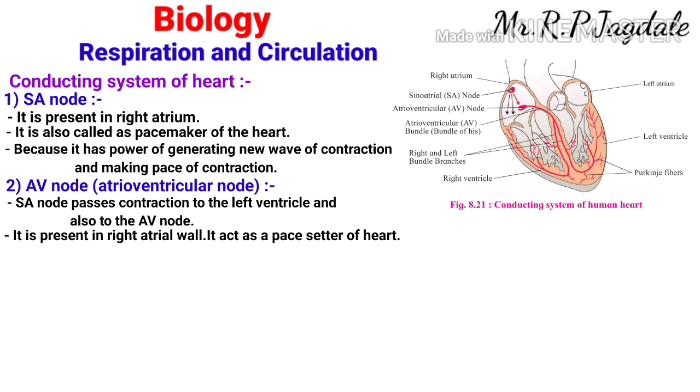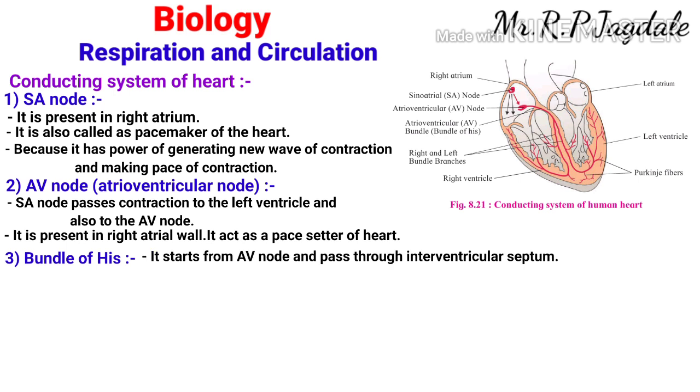Then coming to the third part, that is the bundle of His. The bundle of His starts from the AV node and passes through the interventricular septum. You can see it passes from the center. That is called the interventricular septum. The two red colored lines going from the center are the bundle of His.